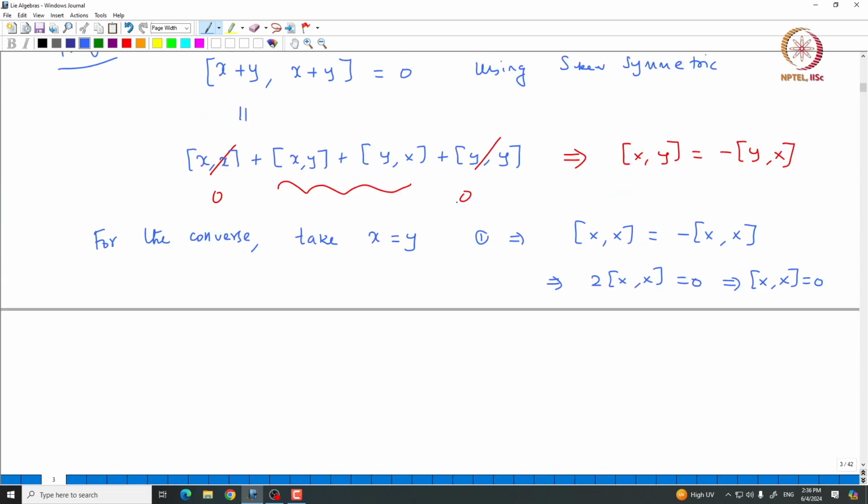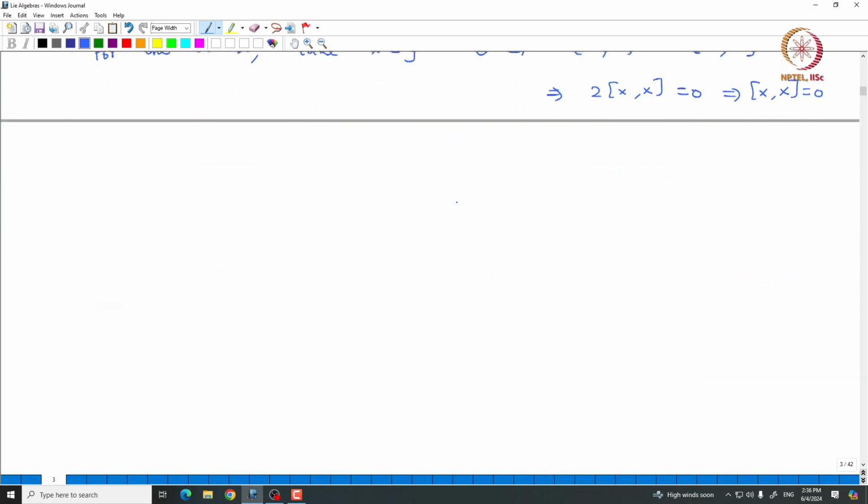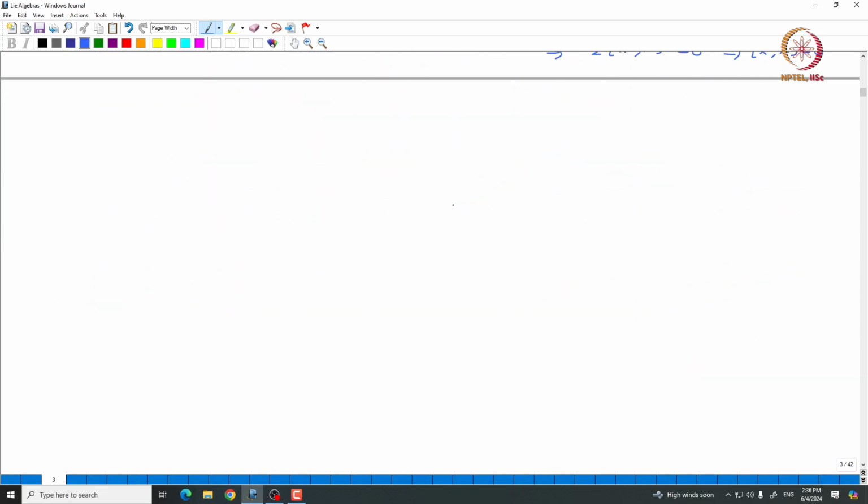The Jacobi identity, like I said, one way to remember this is to take the cyclic permutation of x, y, z and then sum over them. So, if I take x, y, z, we have this element x comma y, z.